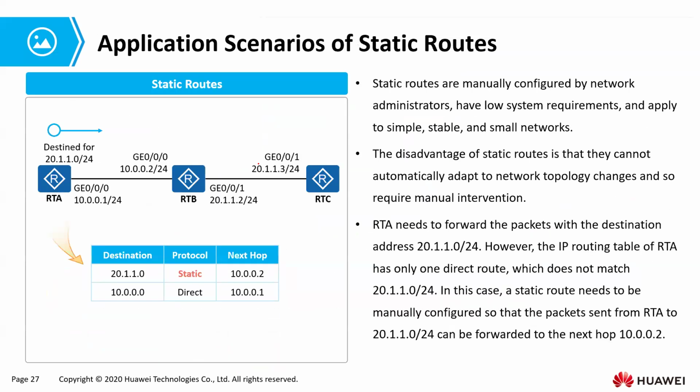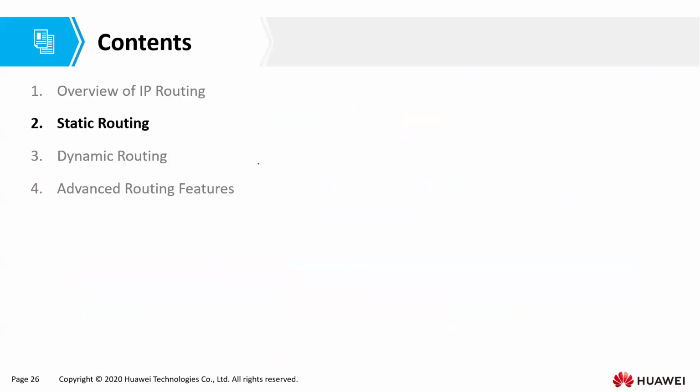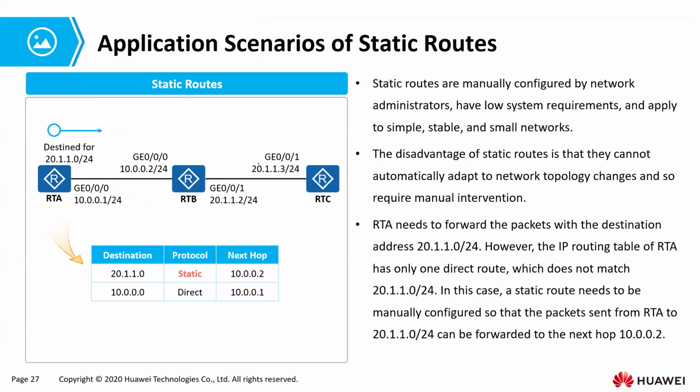Moving on to application scenarios of static routes. So we've dealt with direct routes. We've defined static routes, manually configured. Now looking at application scenarios, where do we apply those static routes? Static routes are usually applied to small networks.